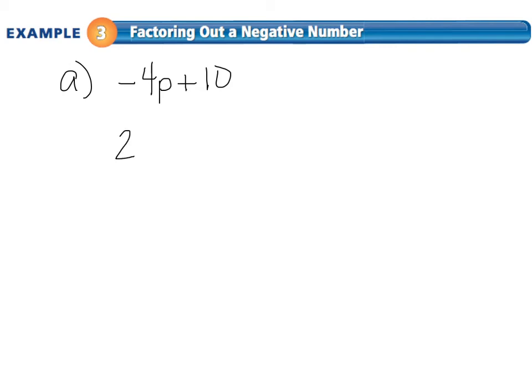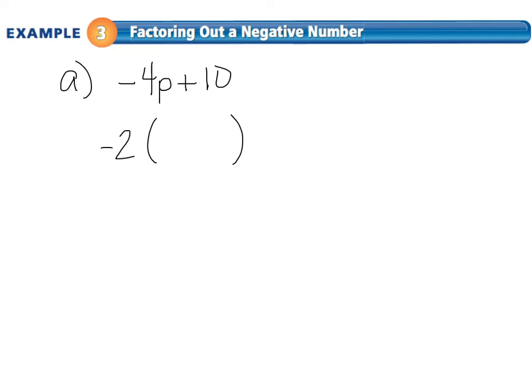Now, here's how you know it's negative. If the coefficient of the variable is negative, you're going to take out a negative. So because the 4 is negative, you're going to take out a negative 2. So when you divide by a negative, all your signs change.